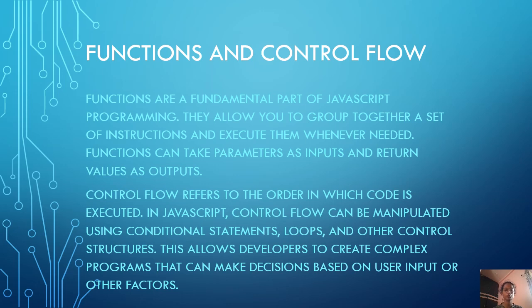Second, control flow refers to the order in which code is executed. In JavaScript, control flow can be manipulated using conditional statements, loops, and other control structures. This allows developers to create complex programs that can make decisions based on user input and other factors.